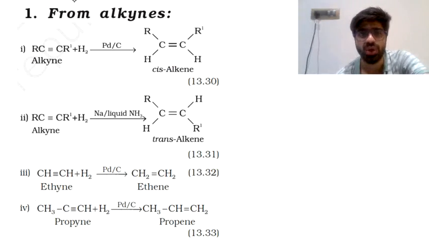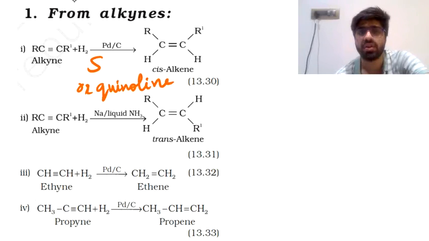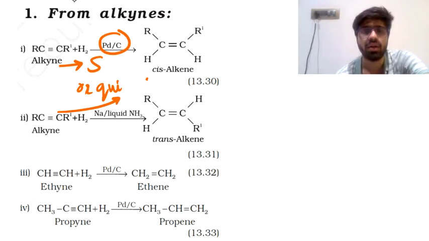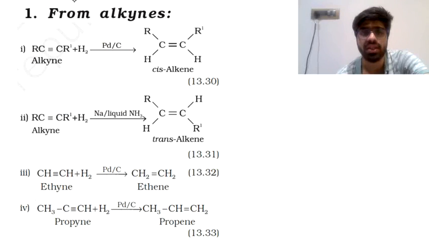So a catalyst poison is used, like sulfur or quinoline. When you are using pelletized charcoal, it needs to be poisoned with either sulfur or quinoline, and if you are using this kind of poisoned catalyst, then hydrogen will add across the triple bond of the alkyne.